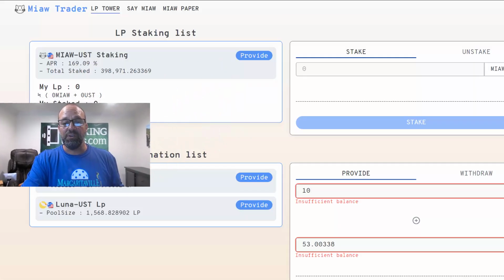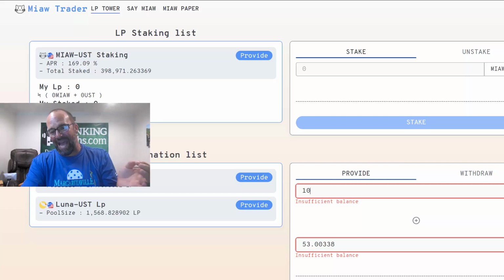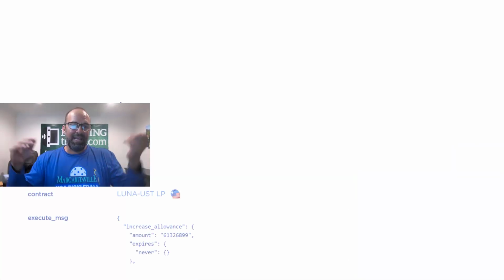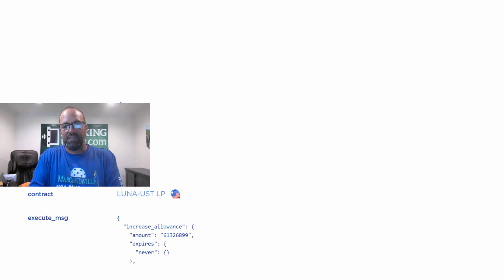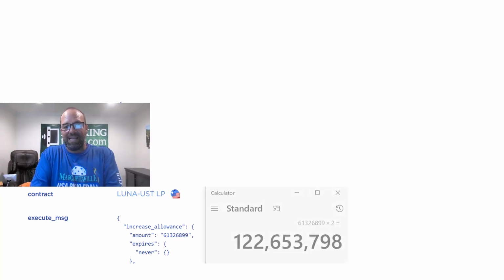I went back to Luna-HODL to provide half. Here, I didn't want to provide them all. I wanted to provide half and keep half outside. What was interesting, though, is I couldn't provide exactly half. So I'll show you the smart contract language. I eventually had to just equalize with UST. So you could see with the UST part, I did exactly half.